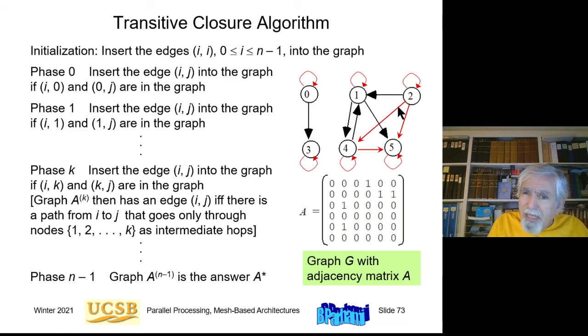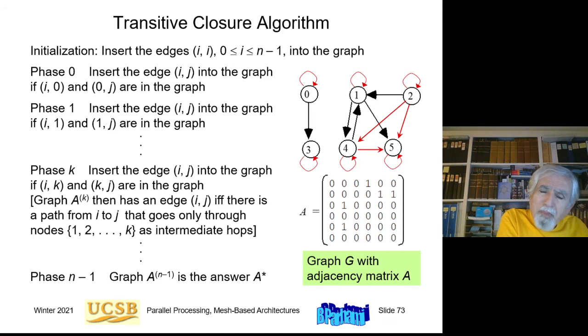These red arrows are basically the things that are added to a transitive closure. First of all, every node is connected to itself, so these self loops are added. And 2 to 5 is connected by a path of length 2. So in the transitive closure, there will be a 1 corresponding to this element, a 1 here, and a 1 here.